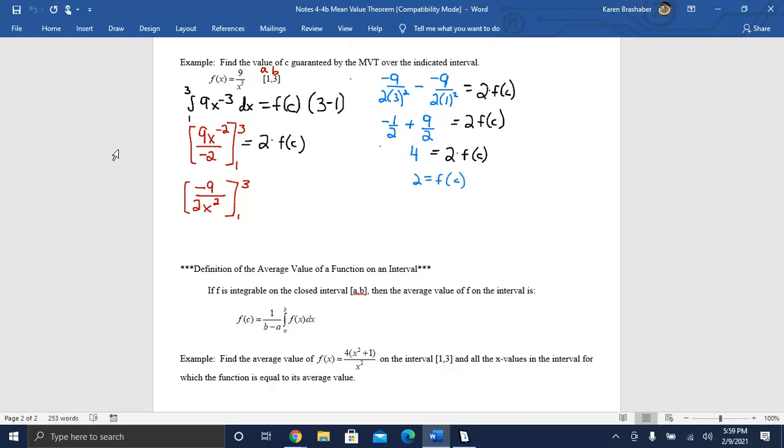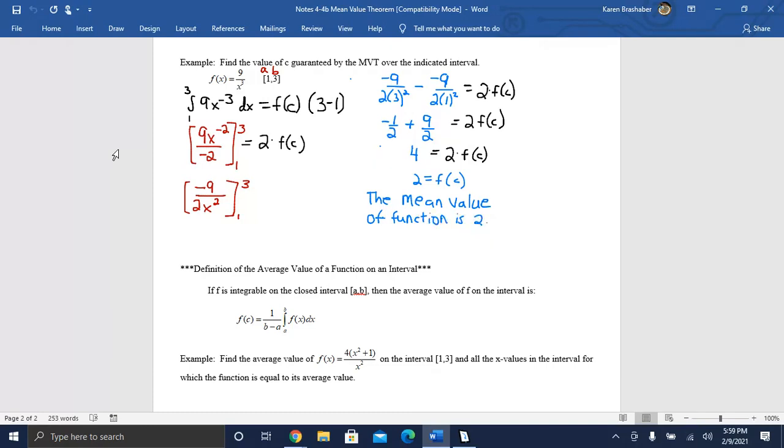And so this is the mean value. The mean value of the function, and again, the mean value is a y. So the mean value of the function is 2.